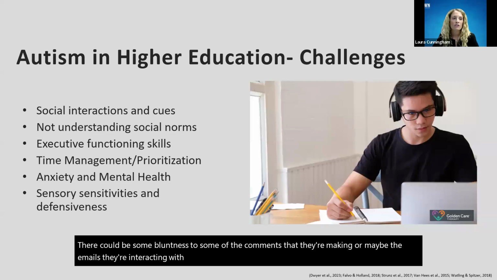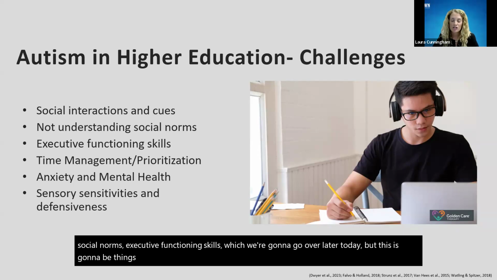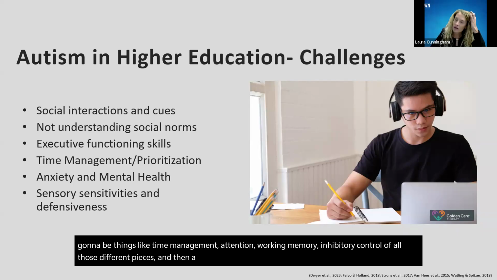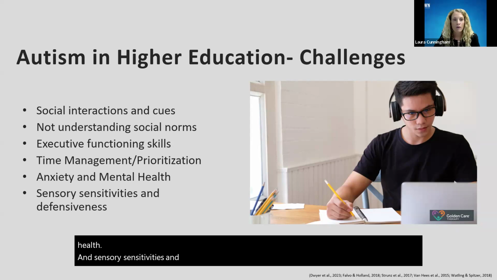There can be some challenges in terms of understanding social norms. Executive functioning skills, which we're going to go over later today, but this is going to be things like time management, attention, working memory, inhibitory control, all those different pieces. And then a lot of research is showing an increase in anxiety and mental health, and sensory sensitivities and defensiveness, which we are going to go over in a second.